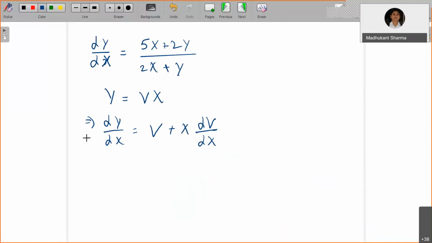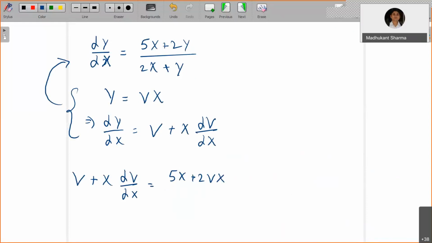And then these together here, what it will be implying is v plus x times dv by dx is equals to, now replace y by vx here, so 5x plus 2vx divided by 2x plus vx. Now x will get cancelled from numerator and denominator. What you will get is 5 plus 2v divided by 2 plus v. Okay, now you further simplify it.